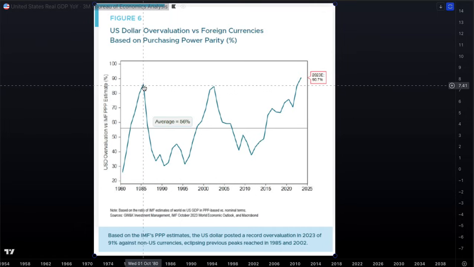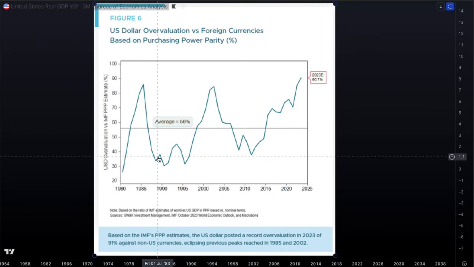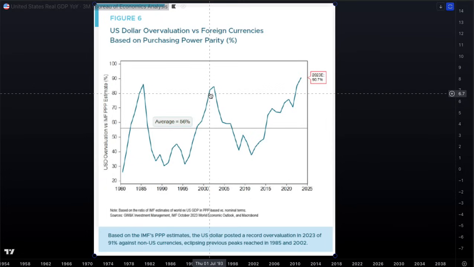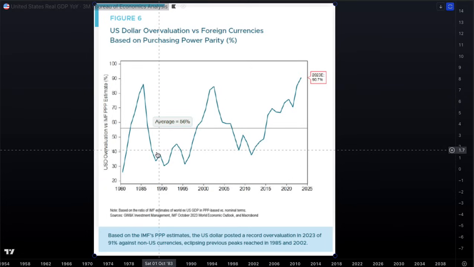And it peaked in 1985, Plaza Accord, dollar weakened. And then it ripped again into the dot-com bubble, and then it weakened. So what this shows on the scale is the overvaluation of the DXY versus the IMF's purchasing power parity estimate.